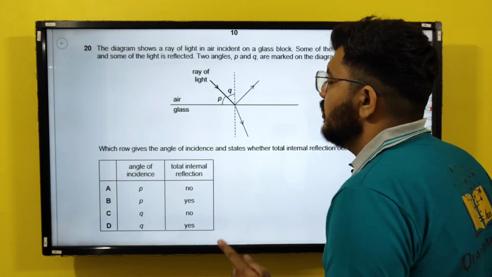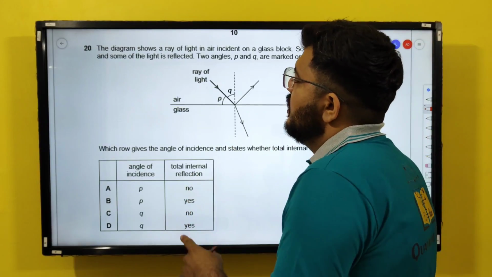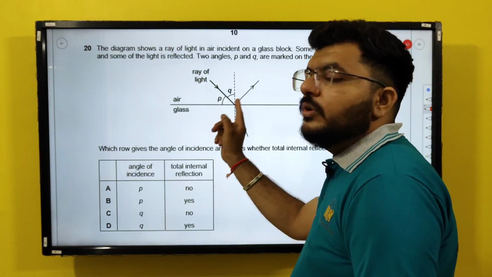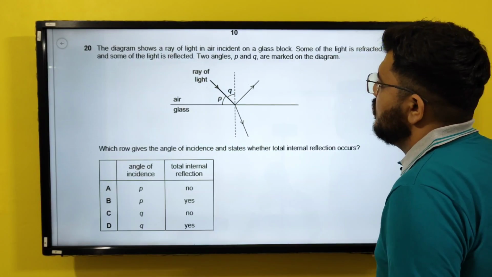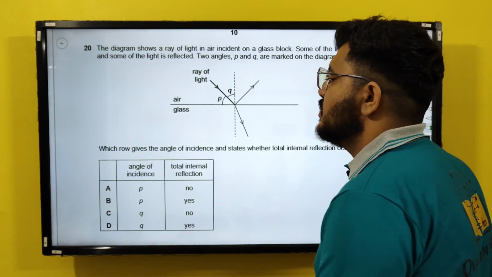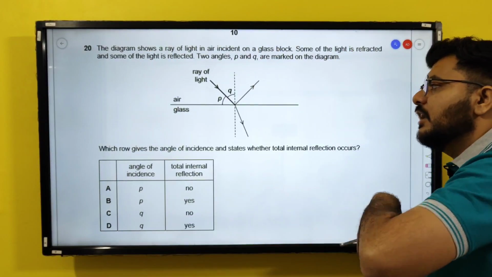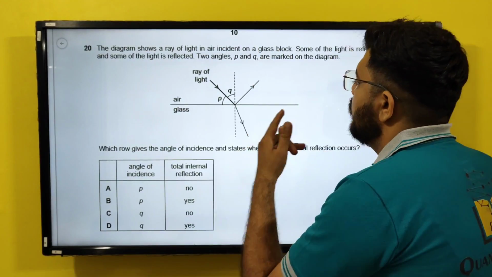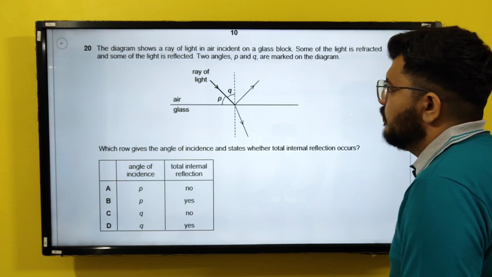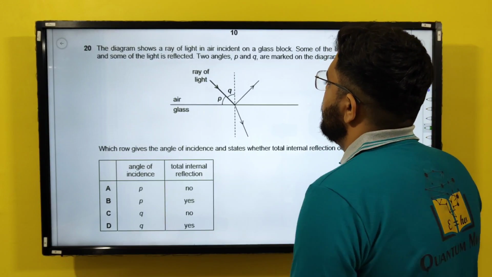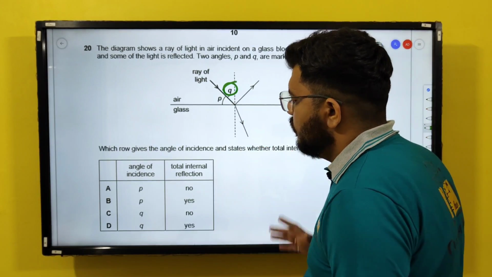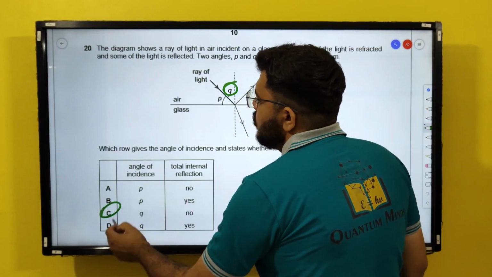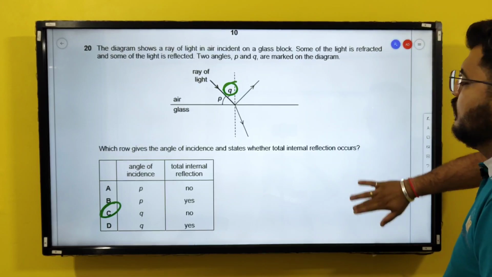It can be total internal reflection only if all the rays are going from glass to air and they get reflected back, right? We just did previous question of critical angle. If the angle of incidence from glass is greater than critical angle, only then the total internal reflection will take place. And what is the angle of incidence? The angle of incidence is Q. So Q and no must be your answer, which is option C.